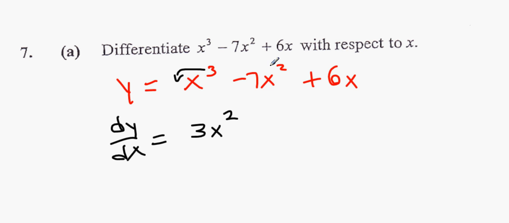Bring the 2 to the front: 2 by minus 7 is minus 14. Take 1 away from the power, it's x to the 1, or just simply x. And finally, when you start off with an x, all that happens when you differentiate it is that the x disappears. So you're going to get 3x squared minus 14x plus 6.